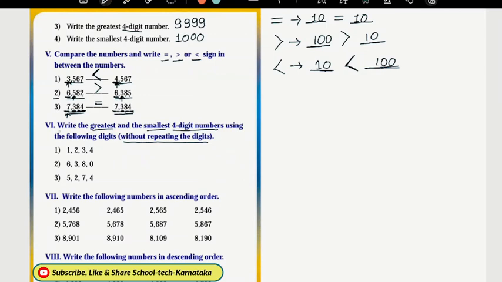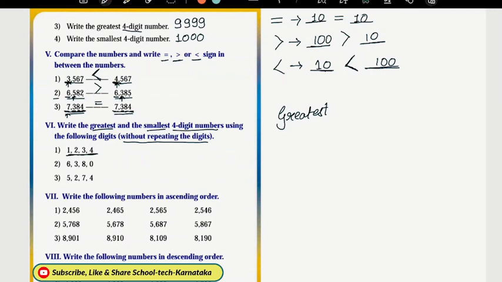So the first given digits are 1, 2, 3, 4. To write the greatest 4-digit number, we need to first find the greatest of all these numbers here.